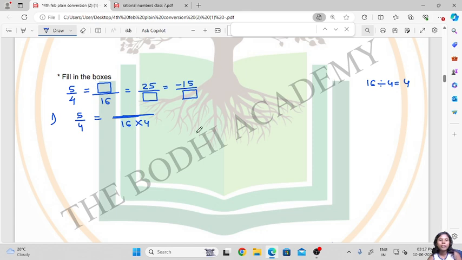Here we know that if we divide 16 by 4 we'll get the answer 4. So now what number should I take to get 5 in this section? So we have 16, so we'll get 4 here, and we can take here 20.